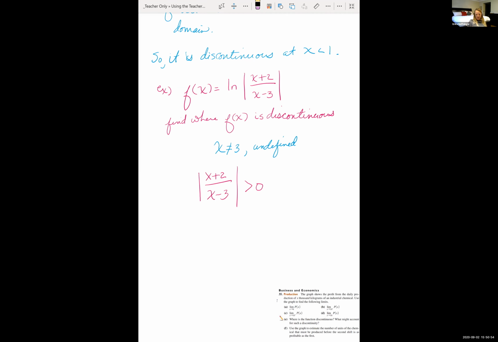The only thing I really have to worry about now is when my numerator is equal to 0, because then I get 0 over some number, which is 0, and 0 is not strictly greater than 0.